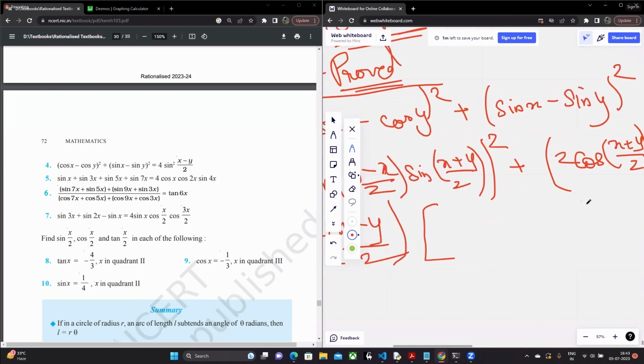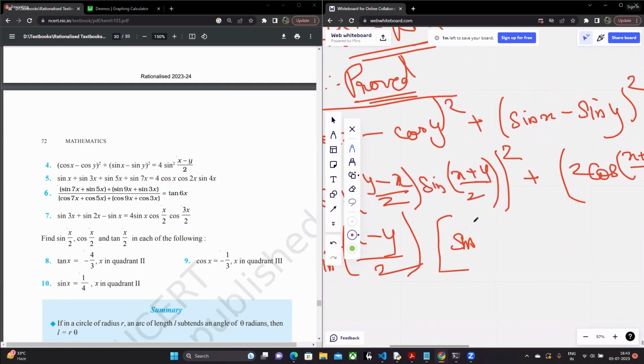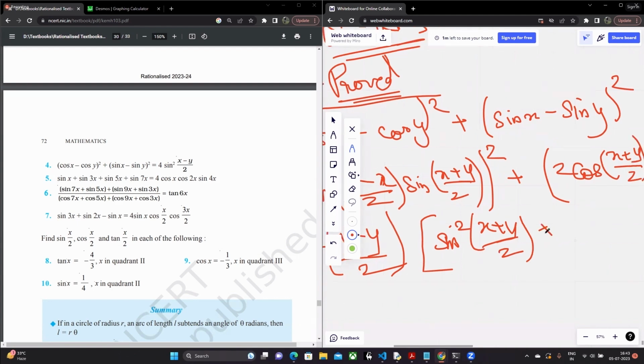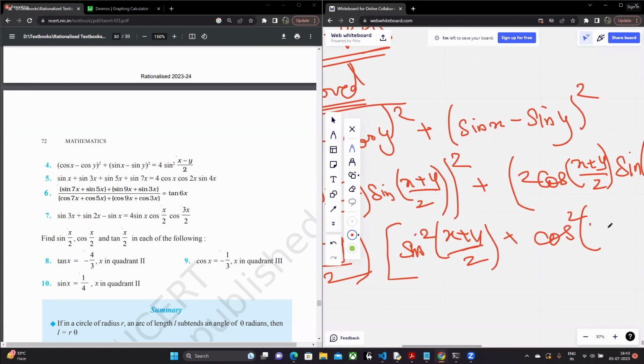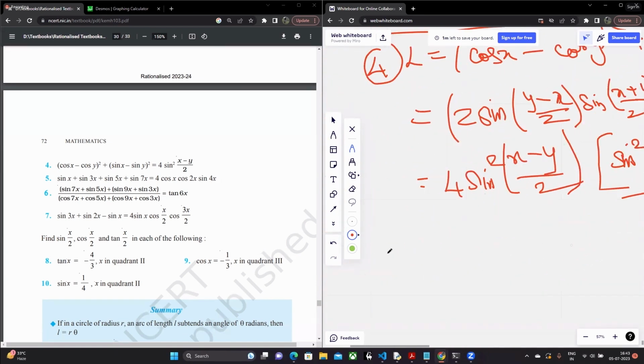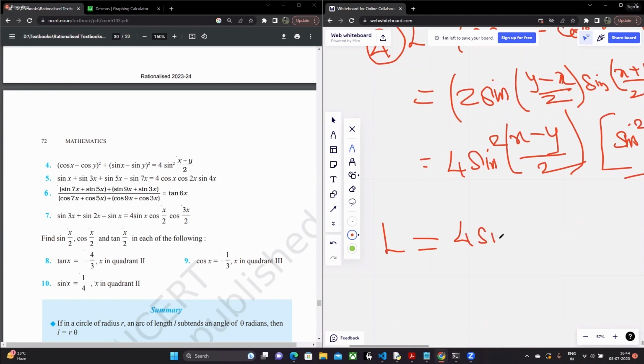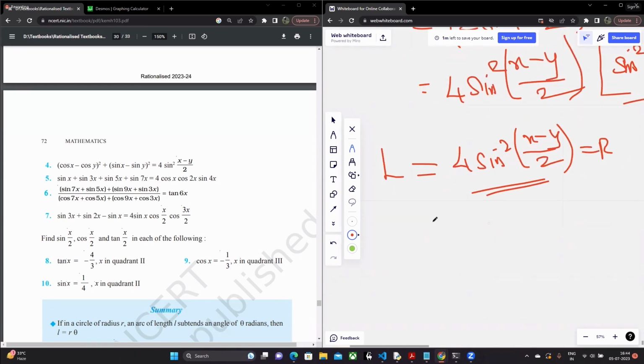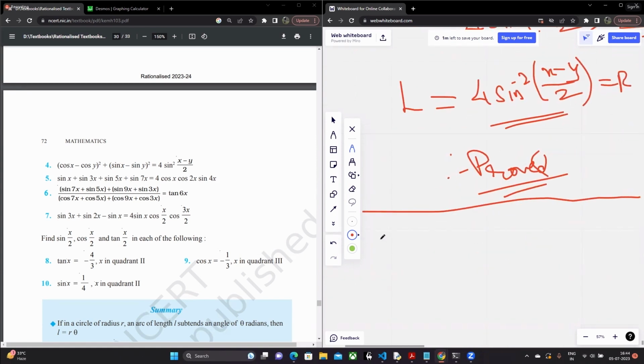I'll be left with sin squared of (x plus y) by 2 plus cos squared of (x plus y) by 2, which basically makes 1. And so I can state that the LHS is going to be equal to 4 sin squared of (x minus y) by 2, which is basically the RHS. Therefore, that's question number 4 then.